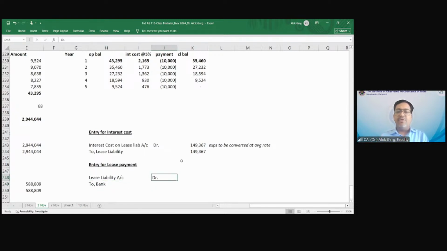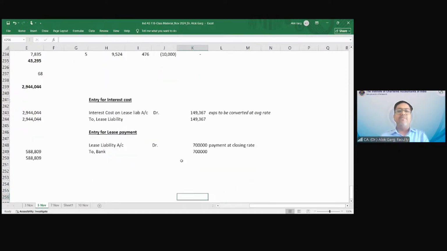What is the amount which is going to be paid at the end of the year? 10,000. 10,000 multiplied by what? 68, 69, 70. Closing rate, because the outflow is happening at the closing rate, right? So payment at closing rate. Right, this is the accounting.